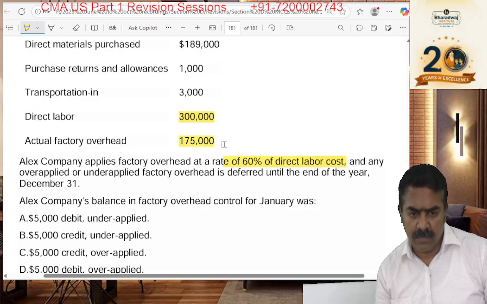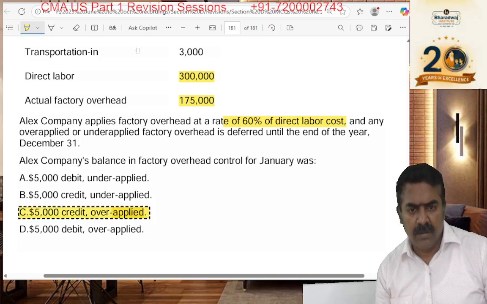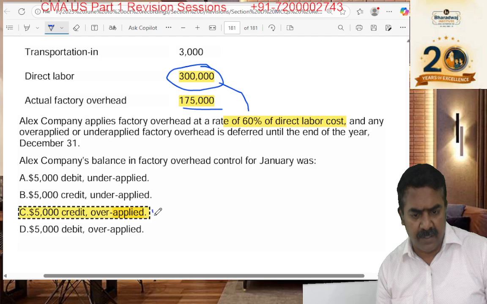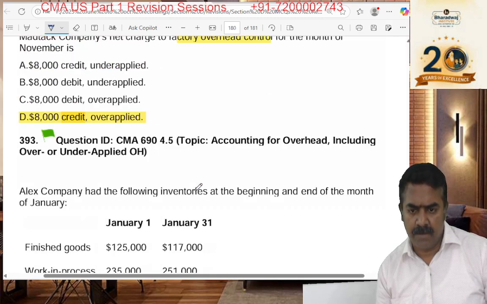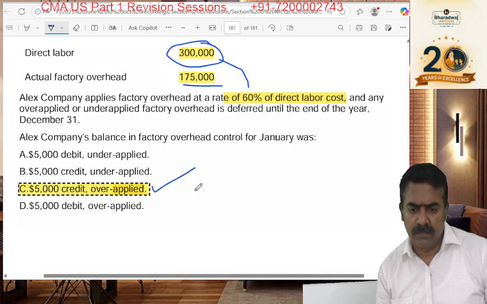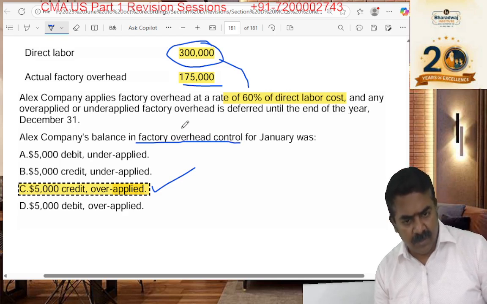Option C. Correct. Option C. 1,80,000 minus 1,75,000, over applied by 5,000. It will have a credit balance. Rent account, sir? Overhead control. Factory overhead control.